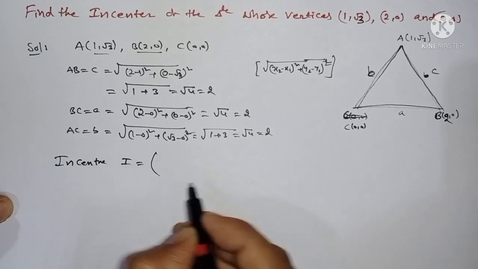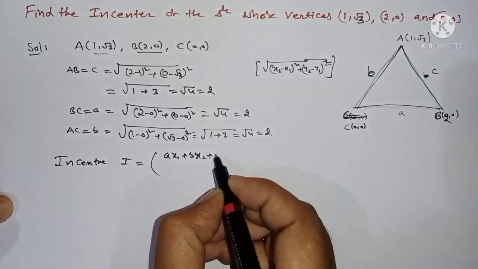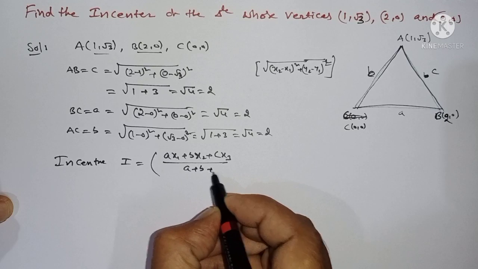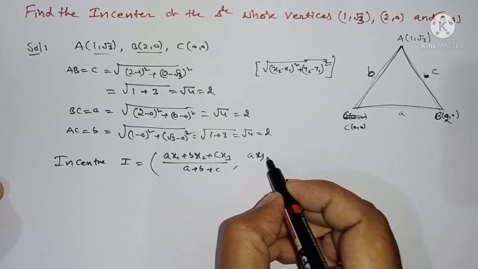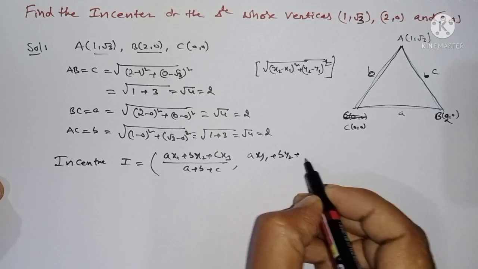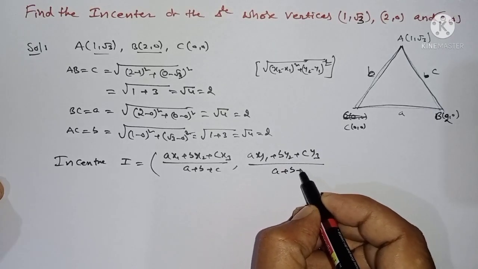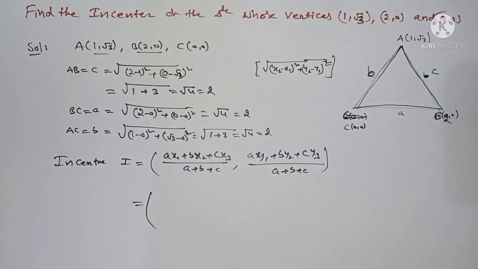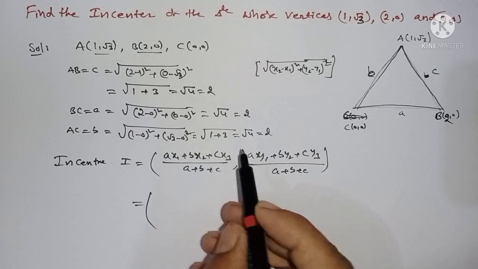I is equal to (ax1 plus bx2 plus cx3) by (a plus b plus c), comma, (ay1 plus by2 plus cy3) by (a plus b plus c). Substitute here: a, b, c are all the same, 2, 2, 2.